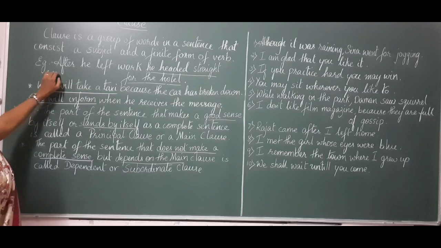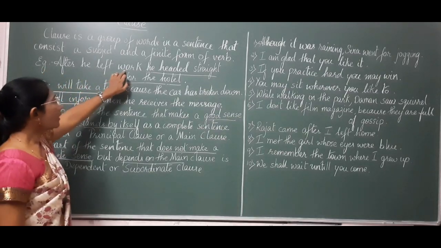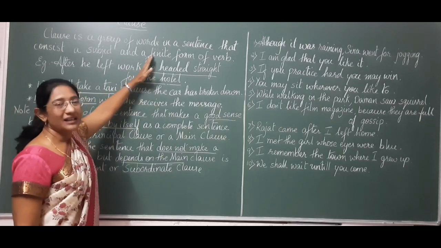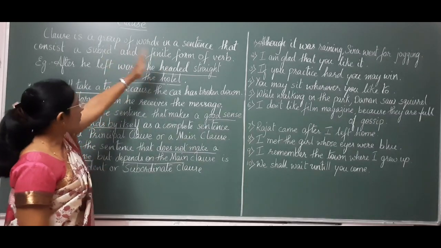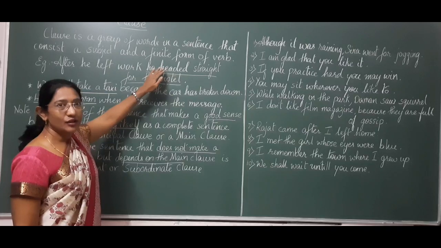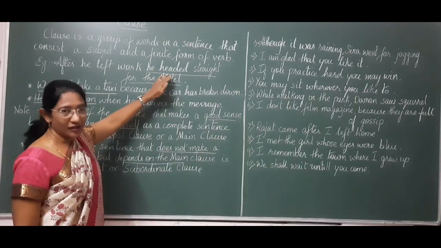In the first sentence, we see after he left work does not give a complete sense. So, it depends on the other part which is giving a good sense or a complete sense, which is also called a main clause.